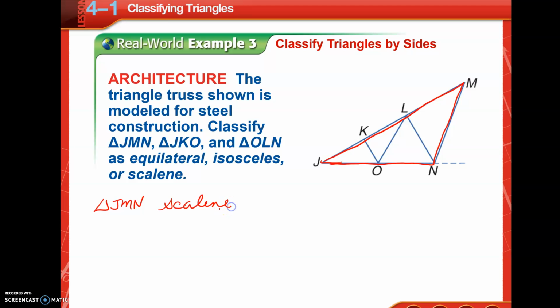Triangle JKO is this triangle here, which is also scalene. And triangle OLN, all those sides look equal, so that would be equilateral.